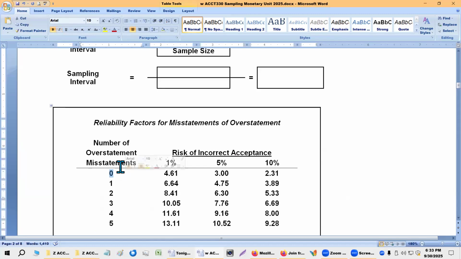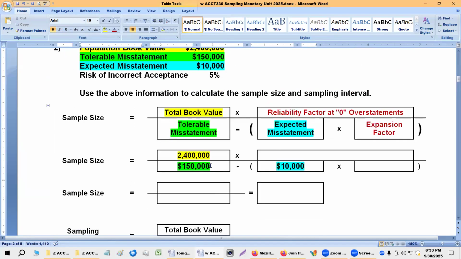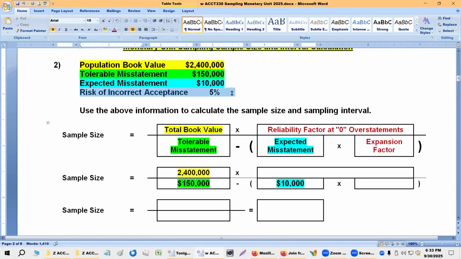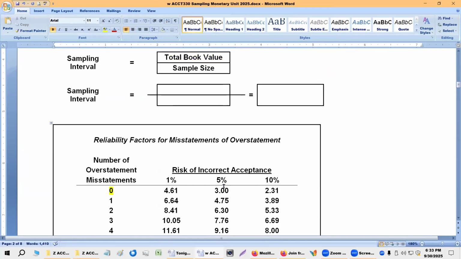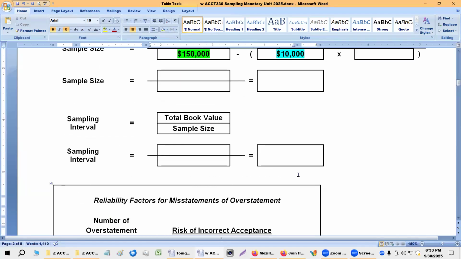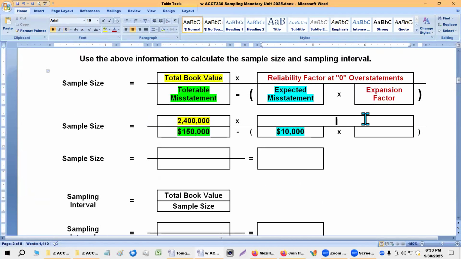So here's row 0. And we are looking for this at incorrect acceptance rate of 5%. Coming down here, we have 5%. And so this will be our risk of incorrect acceptance will be 3.00. That's what we'll multiply the top by.